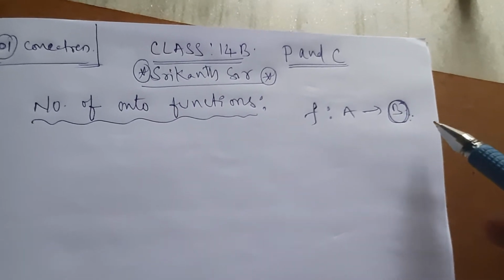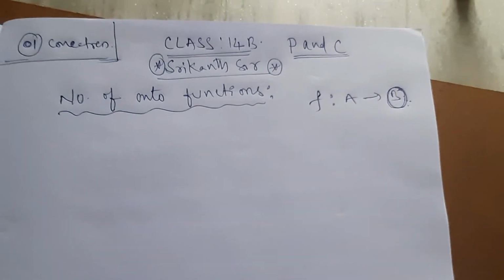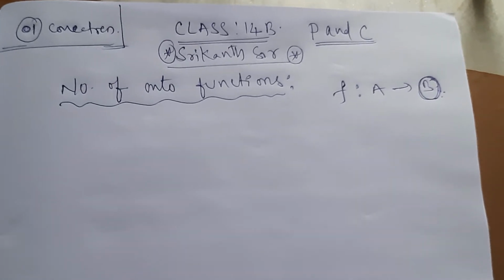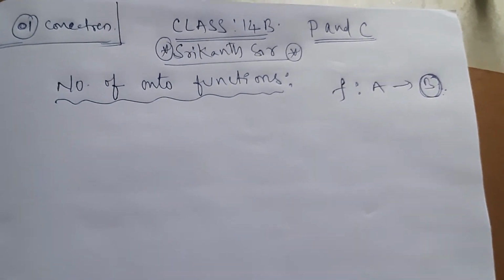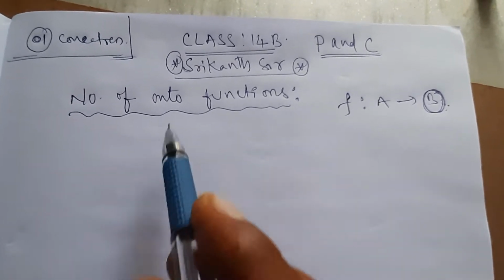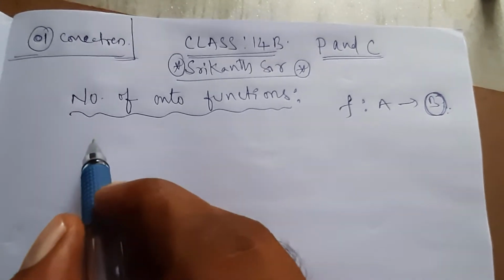then how can you find the number of onto functions? First of all, before the detailed discussion regarding the number of onto functions, I will tell you what an onto function is.